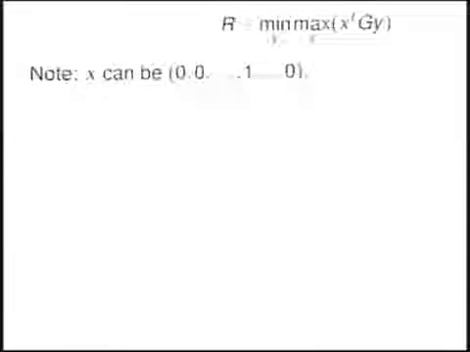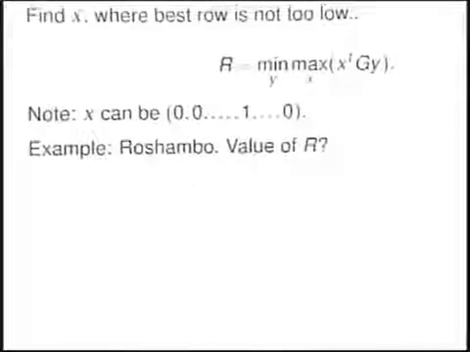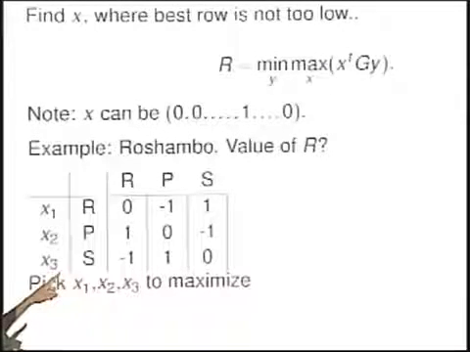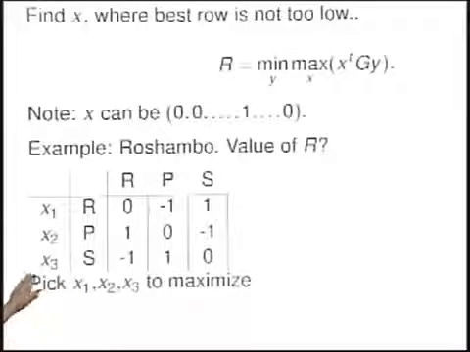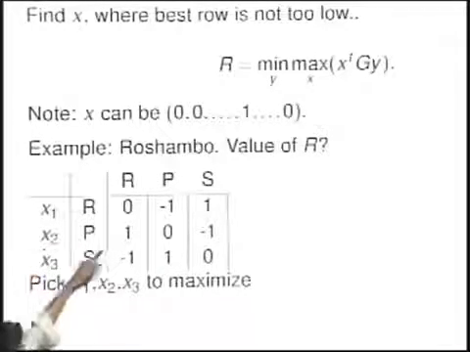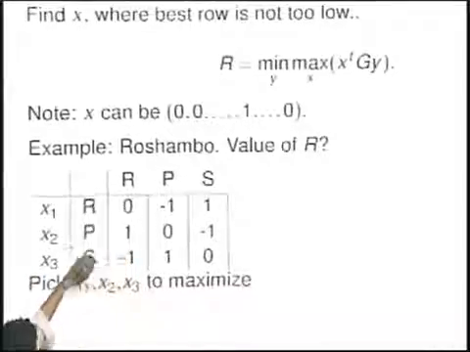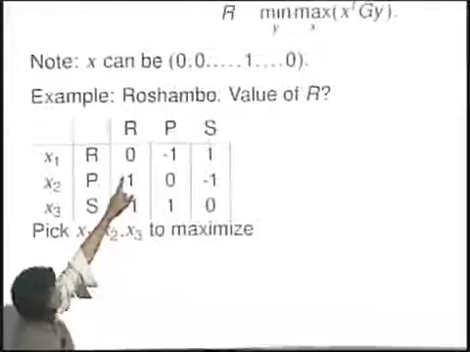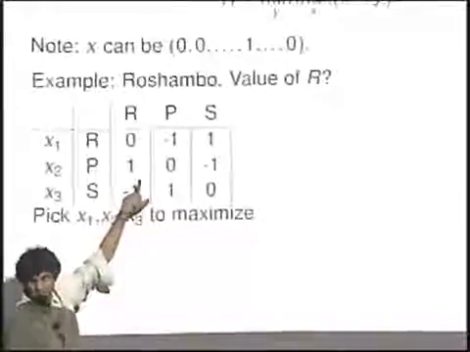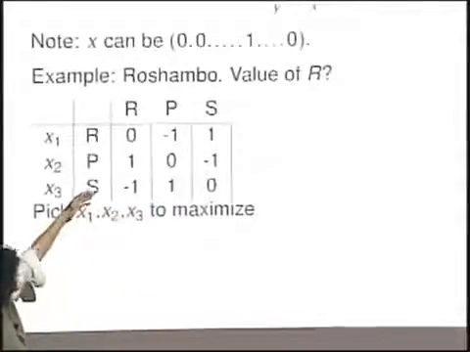So the column player is minimizing, and the row player is maximizing. Now this row player is trying to get the biggest numbers here as possible. So he'd really like to play paper, and he'd really like for the column to play rock.